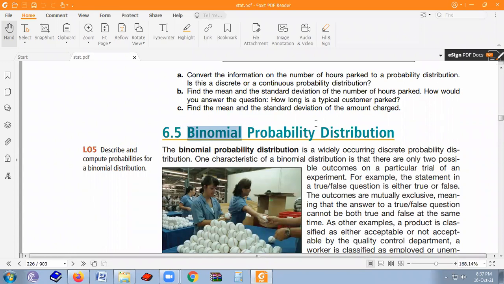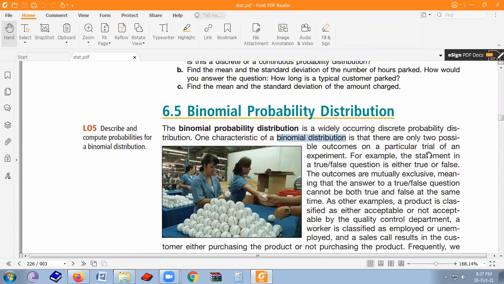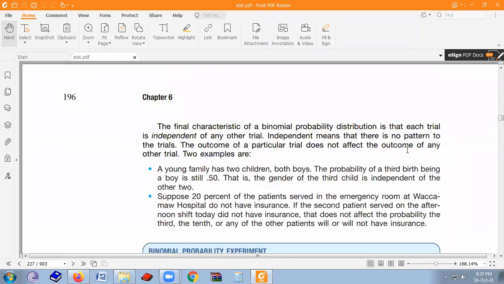Normally the binomial probability distribution is a widely occurring discrete probability distribution, and one feature of it is that there are only two possible outcomes on a particular trial of an experiment. So for a binomial probability distribution, we have only two possible outcomes. For example, when we toss a coin, we get two possible outcomes. One is head, another one is tail.